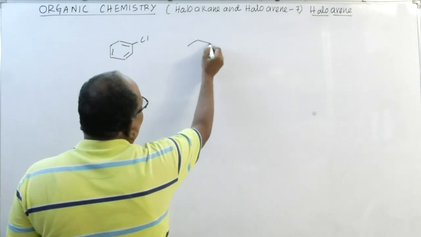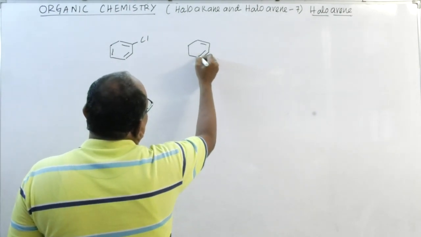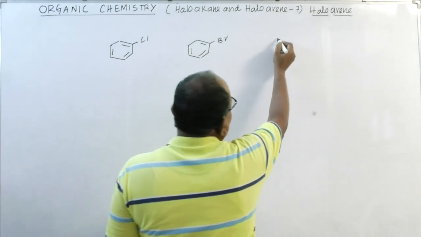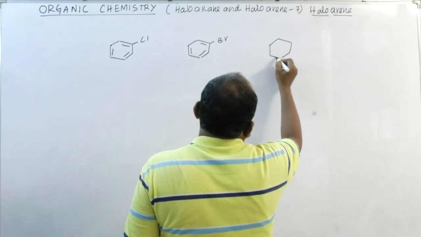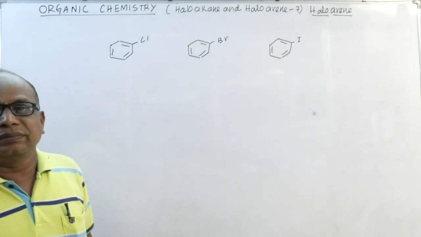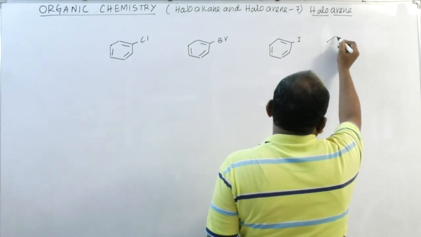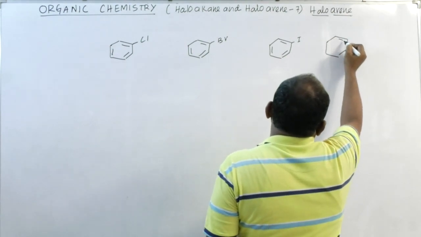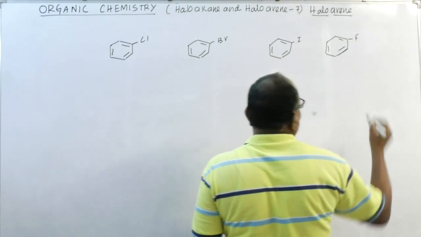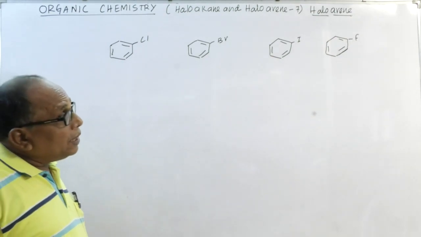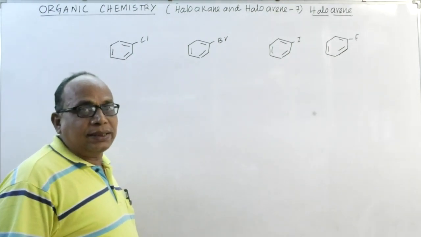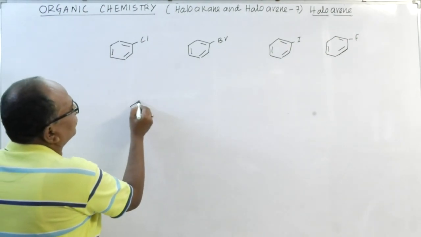Suppose the hydrogen atom of the benzene ring is substituted by bromine, or by iodine, or you can say the hydrogen atom of benzene is substituted by fluorine.